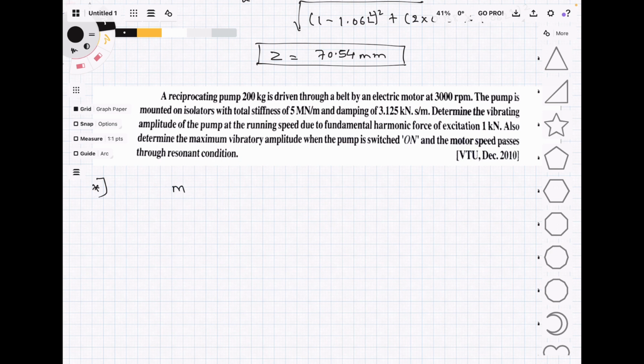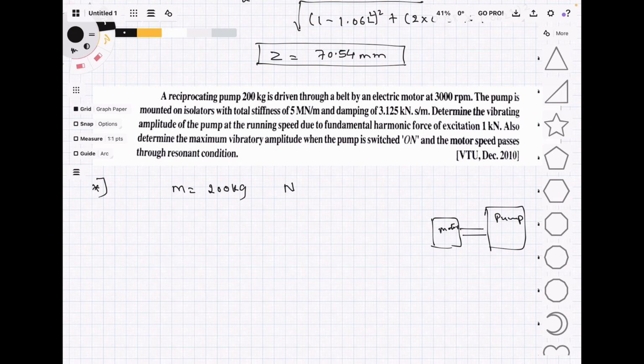They have given the mass of the pump, which is 200 kg, and the speed is given. So how the thing is, there is an electric motor which is connected to a pump here. This is the pump and this is the motor.